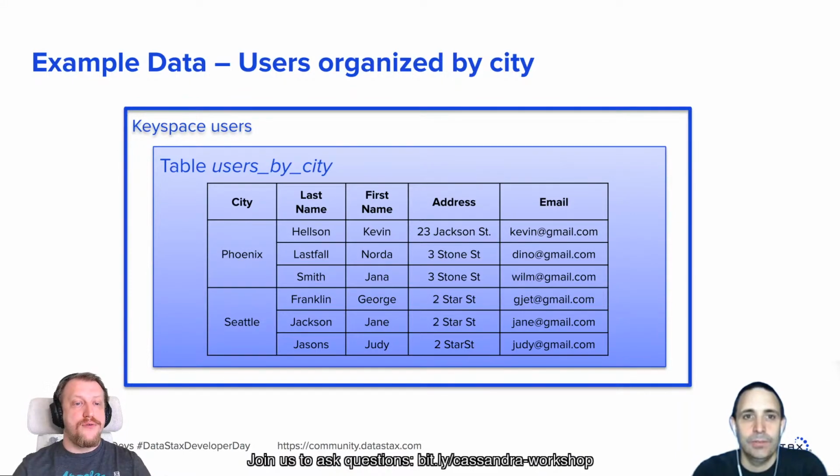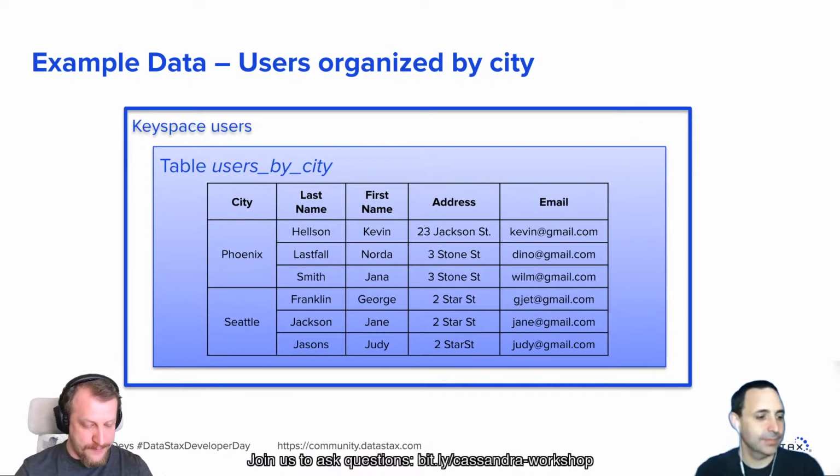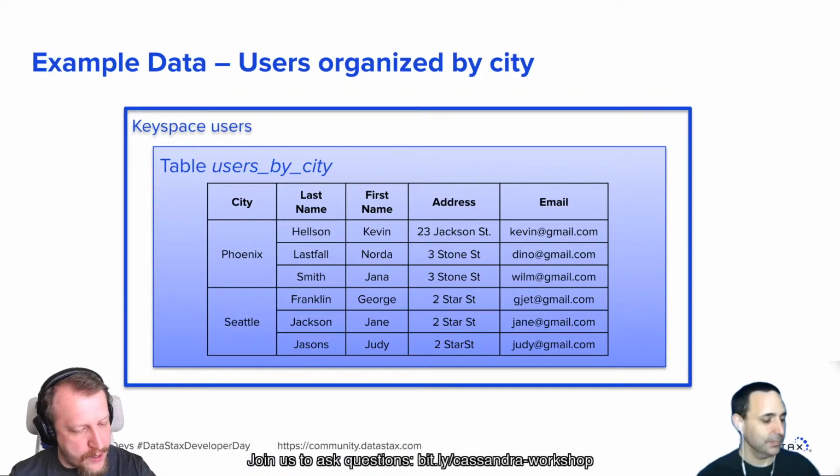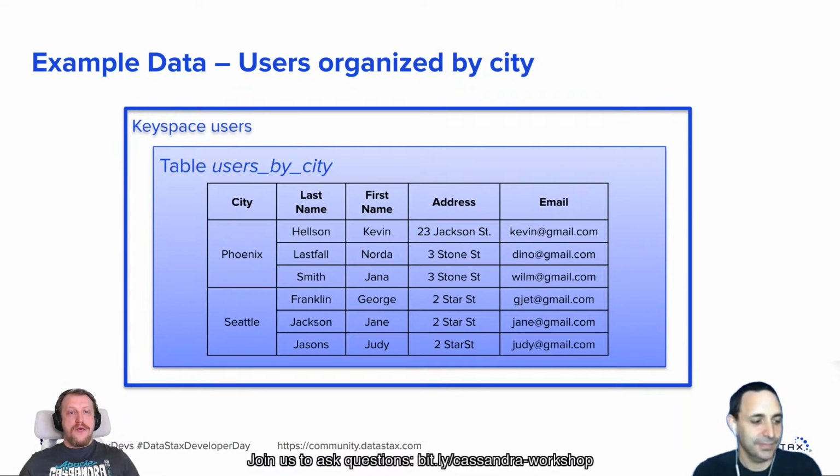Every user also has a city, which is our partition key. So we group our users by city. Now we start to think, okay, we grouped our users by cities, which brings us to the second rule of partitions. Take a look. Let's think together a little bit about whether it's a good partition key or not.